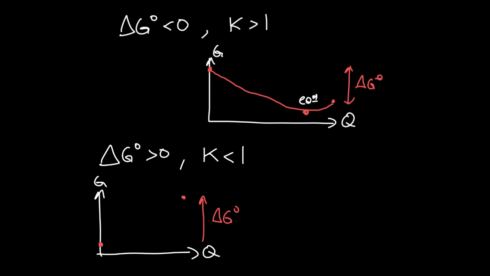If we plot the curve, it looks something like that, with a little dip right here. We essentially reach equilibrium at this point, and our equilibrium constant is very much smaller than 1, perhaps starting to get close to 0.